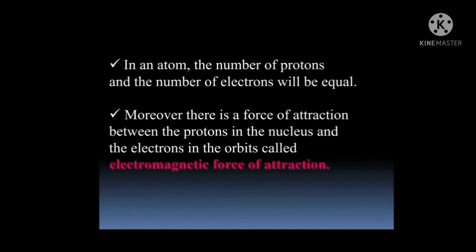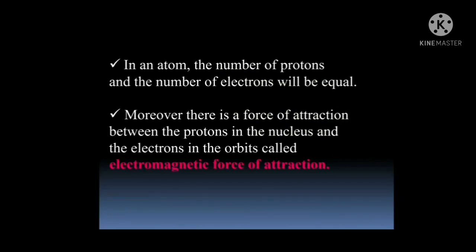Here, protons are positively charged particles and electrons are negatively charged particles. So they have that greater attraction because unlike poles attract each other. Unlike poles means one is positive pole and another one is negative pole.